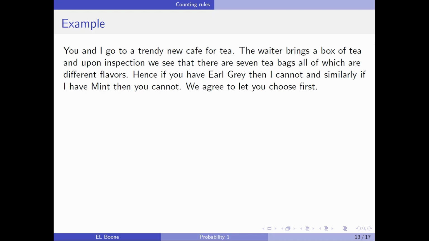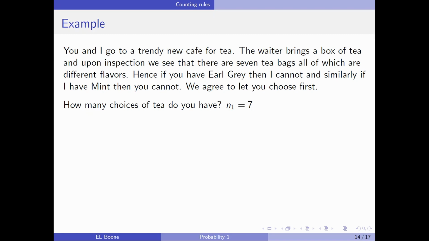You and I go to a trendy new cafe for tea. The waiter brings us a box of tea, and on inspection, we see that there are 7 tea bags, all of which are different. Hence, if you have Earl Grey tea, then I cannot. And similarly, if I have mint, then you cannot, right? Because there's only one bag of each. So we agree to let you go first. So how many choices of tea do you have?